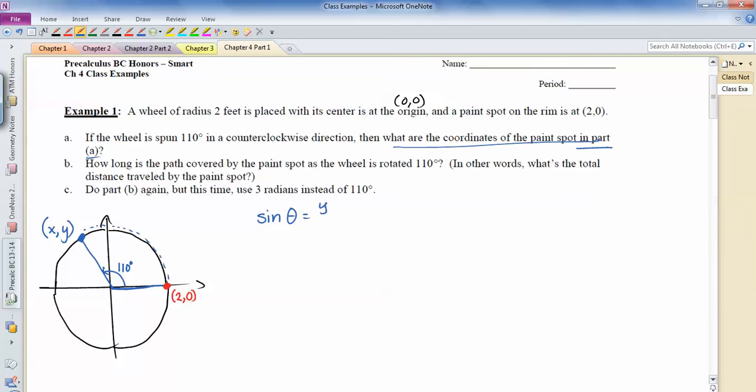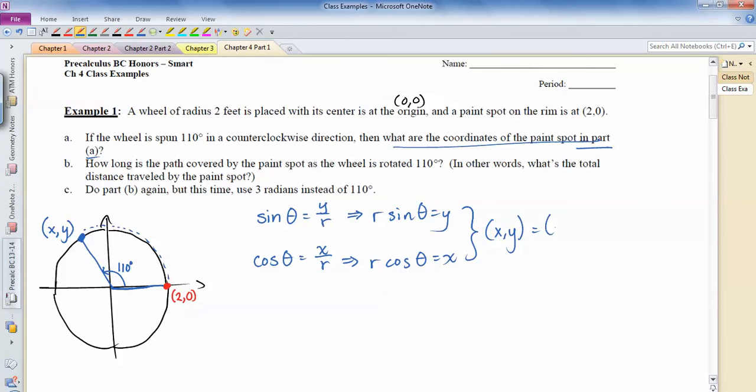That's the y value over the r value, and cos theta is the x value over the r value. So if I multiply both sides by r, I get r sine theta equals y, and r cos theta equals x. So then x comma y equals r cos theta, r sine theta.